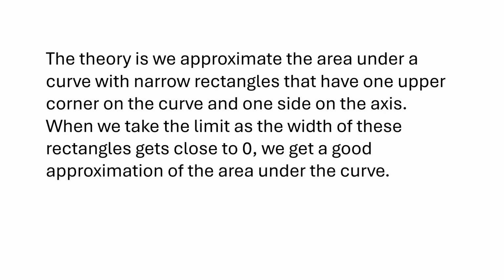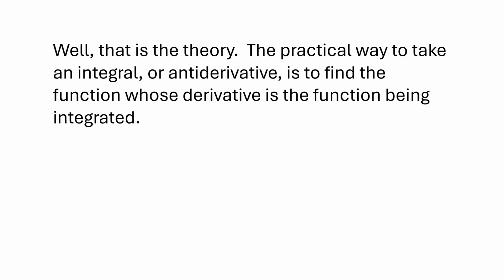Doesn't matter if the curve is completely under the rectangles or if the rectangles are inside the area of this curve. When we get those little narrow rectangles, we fill in just about perfectly, and when we take the limit as the width goes to 0, we get the area under the curve. Well, that is the theory.